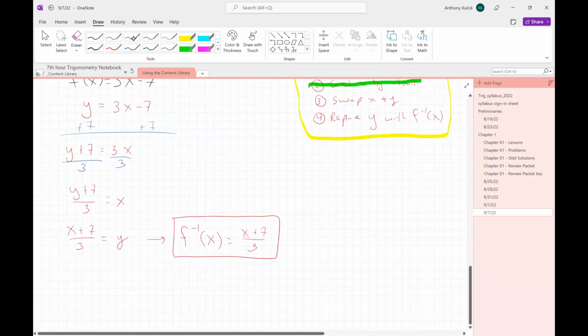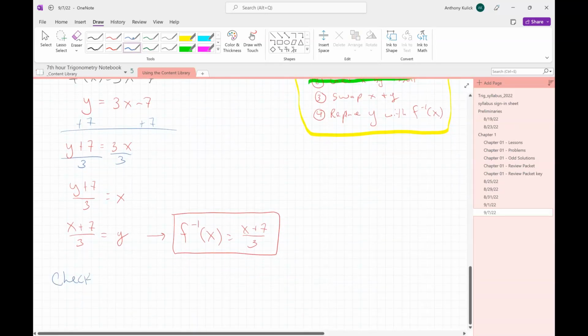Let's check. How do I check if two functions are inverses if I've written them as equations? Plugging in numbers isn't going to be enough because you'd actually have to check that it undoes each other for every number. And since there's an infinite number of things you can plug in, you'd never finish doing that, right? We have to be a little bit more general than that.